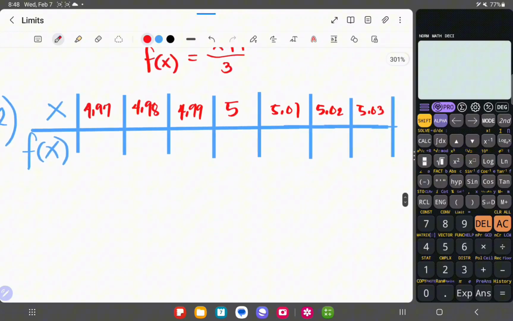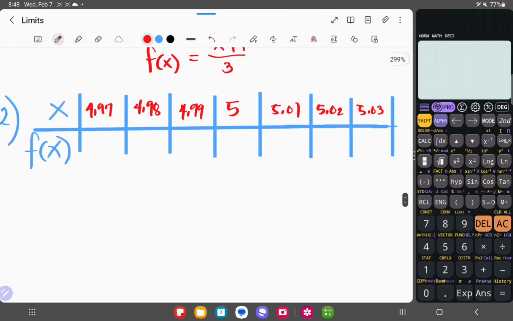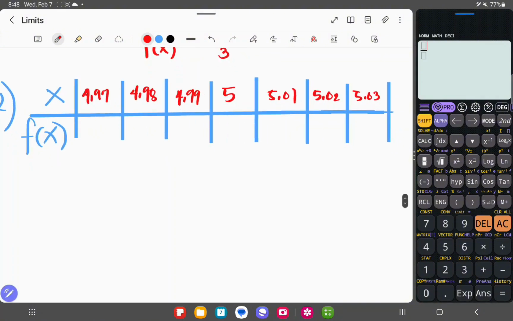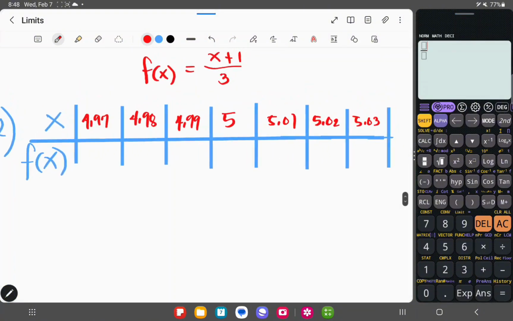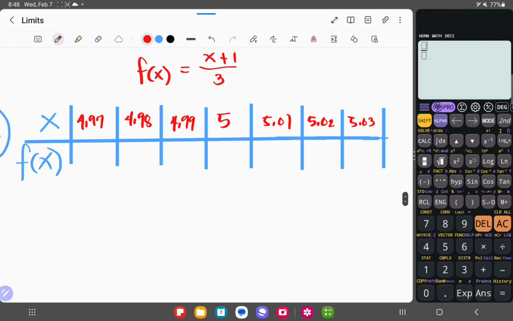Now, let's check to what number our f of x is approaching. So we have x plus 1, so we have 4.97 plus 1 over 3. That's 1.99.